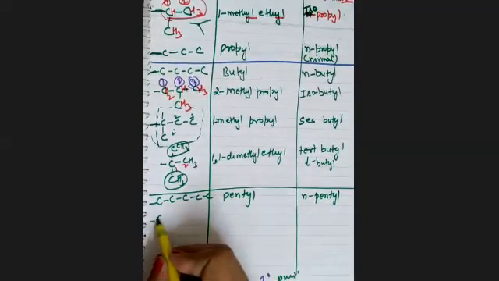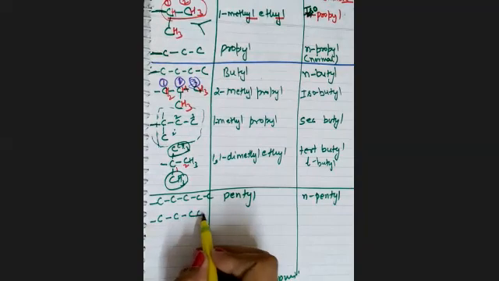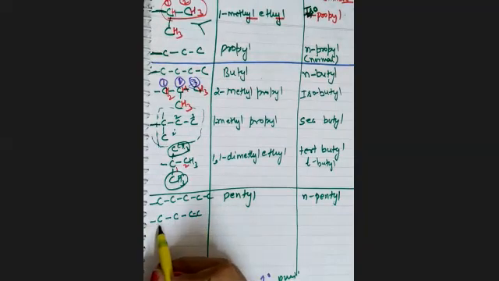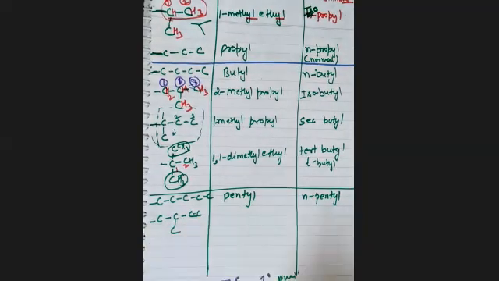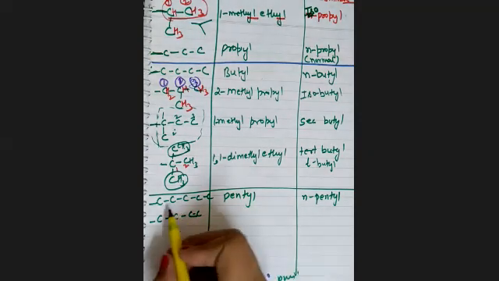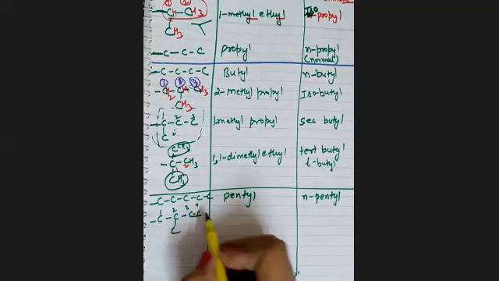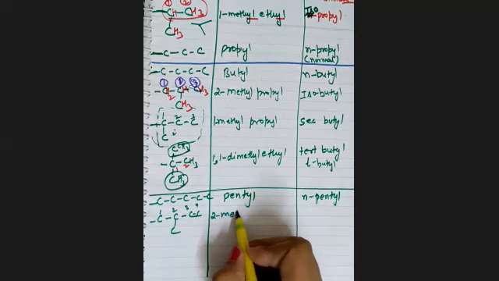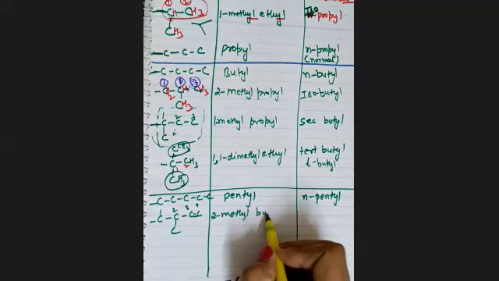Clear? This is 1, 2, 3, and 4. And one I will attach with this, for example, I'm attaching this with this carbon. Okay, because I have to make a structure. So this will be 1, 2, and 3, 4. So this will be 2-methyl butyl. Why butyl?